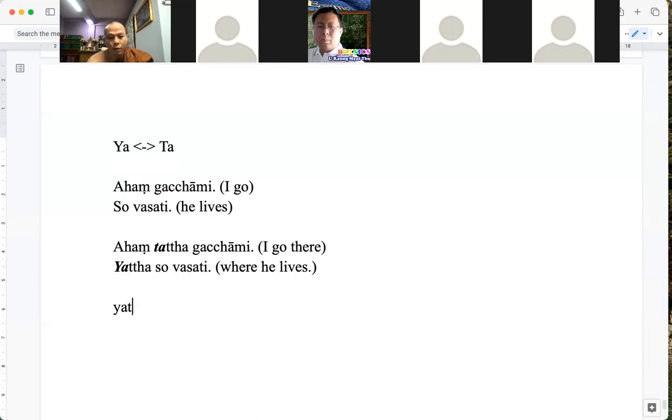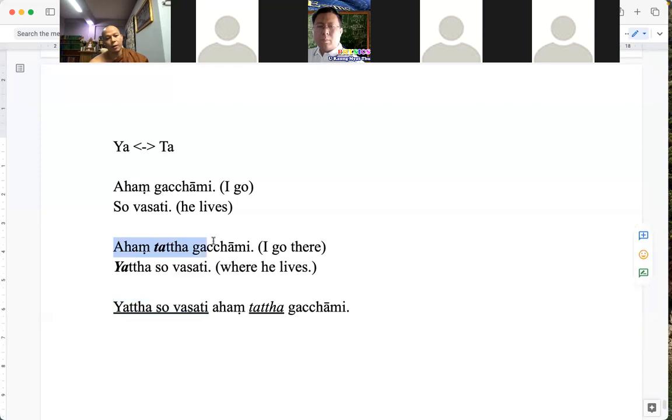So 'yattha so vasati', and then 'tattha aham gacchāmi'. So now the meaning of this line is modifying the 'tattha'.